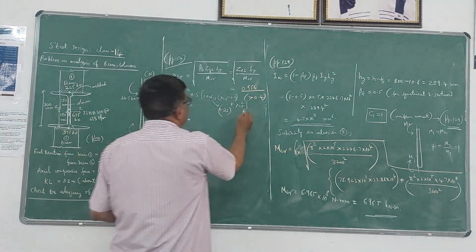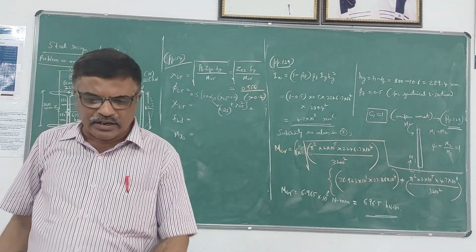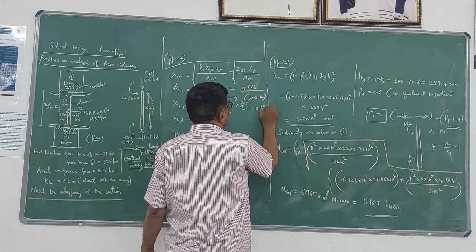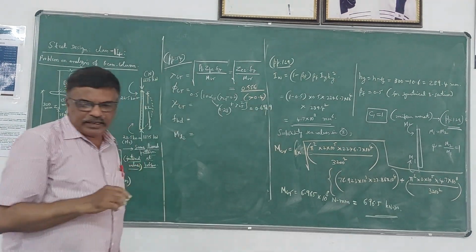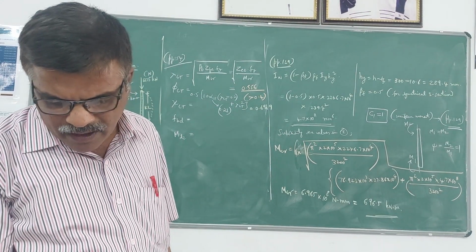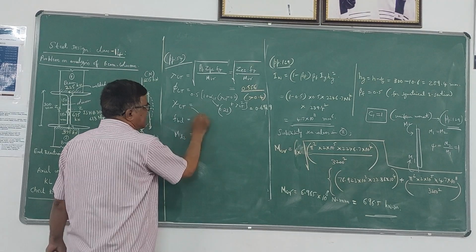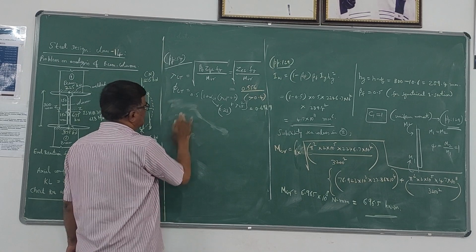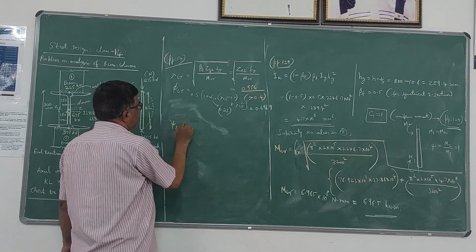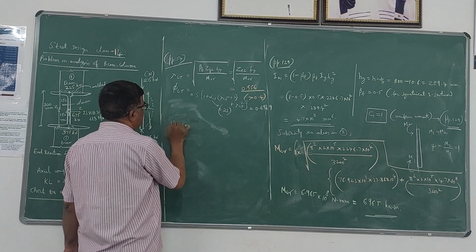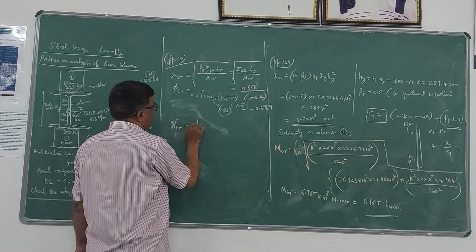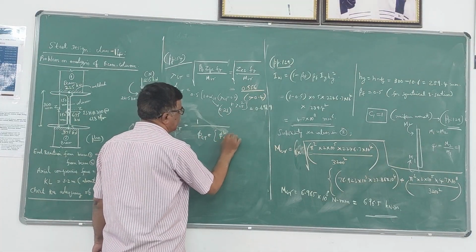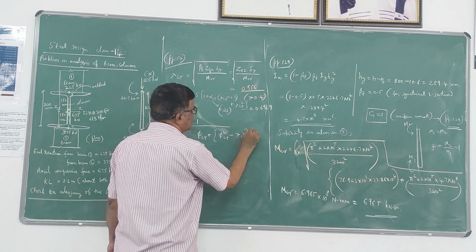Once again, if you substitute all the values and simplify, you will get phi LT as 0.6919. Then xi LT is given by 1 divided by phi LT plus the square root of phi LT squared minus lambda LT squared, that is, to the power of 0.5.